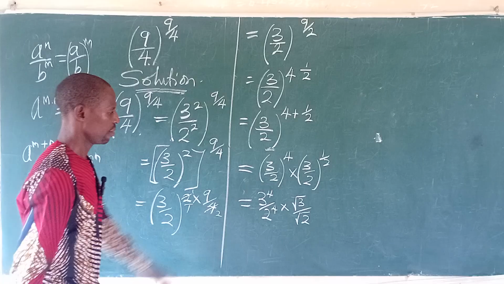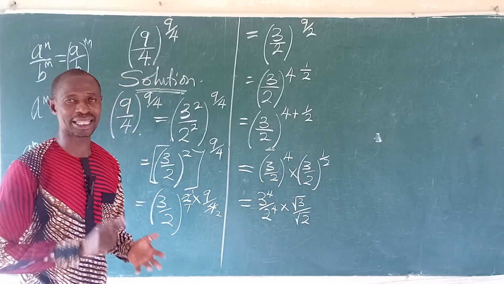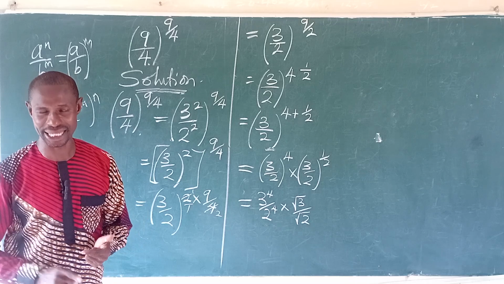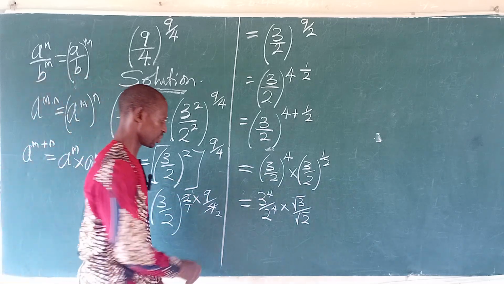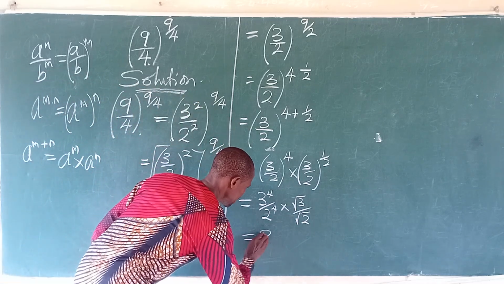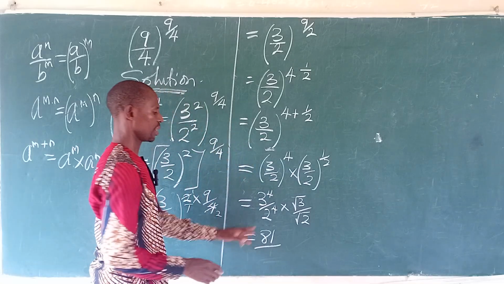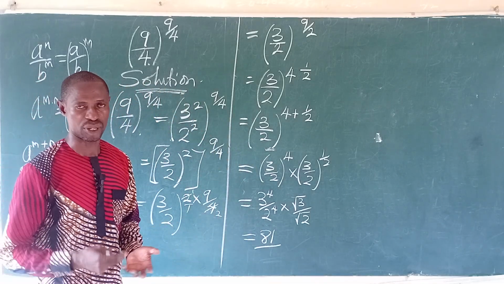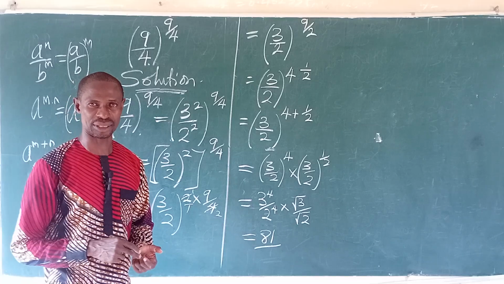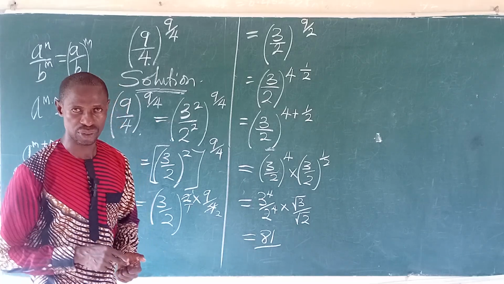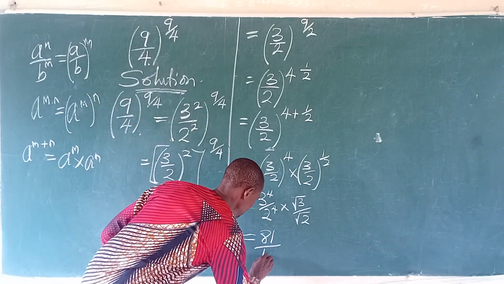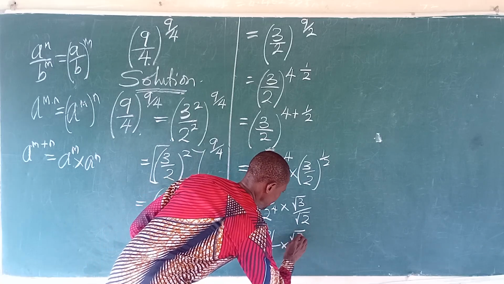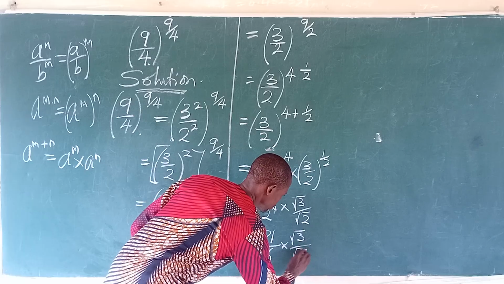What is 3 to the power of 4? It means 3 times 3, which is 9, times 3, 27, times another 3, which is 81. And 2 to the power of 4 is 2 times 2 is 4, times another 2, 8, times another 2, 16. So we have 81 over 16, times root 3 all over root 2.